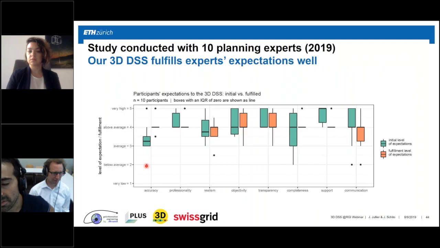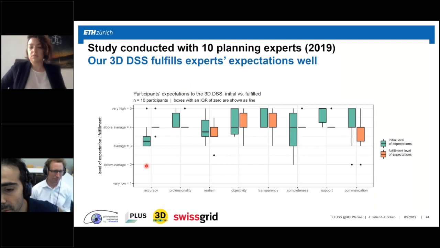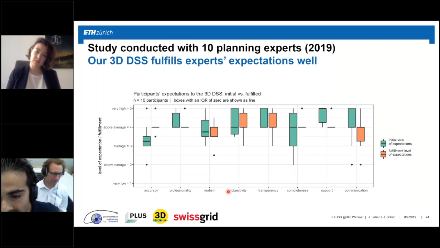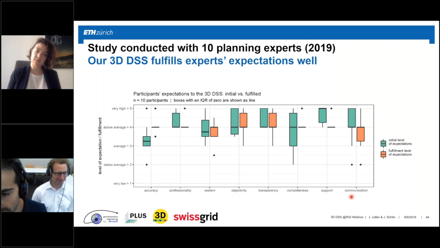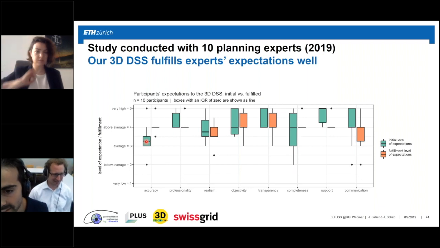And we also got very good feedback. We wanted to know whether our system is accurate, professional, realistic, objective, transparent, complete, supportive, and supports communication. Green on the left side is what participants expected, and orange is what the end answer was.